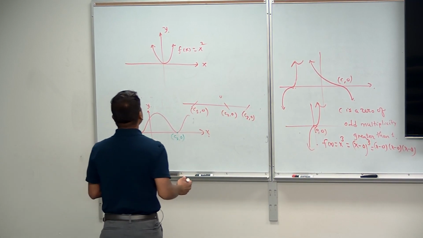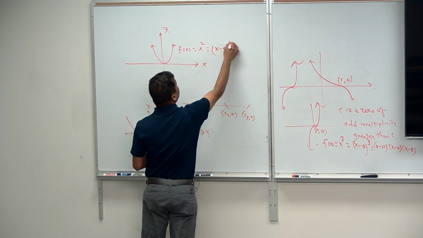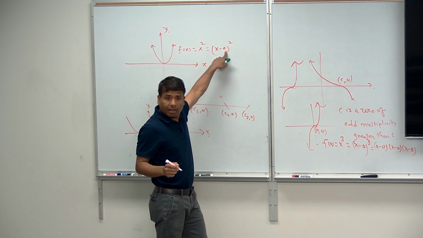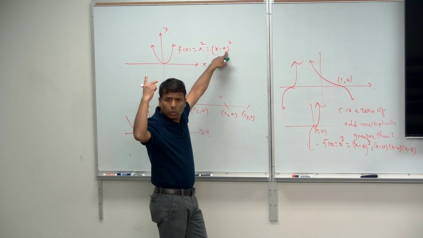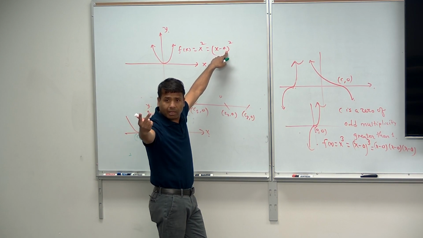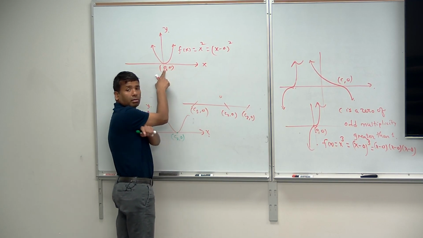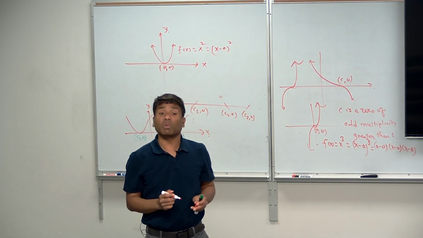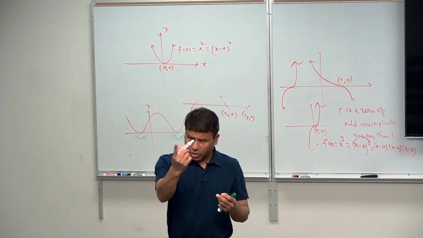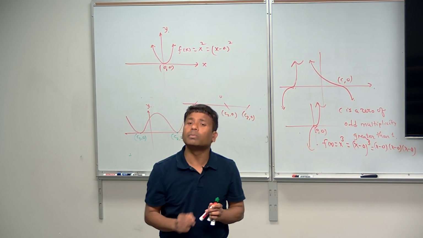So what is the 0 of this function? 0. And how many times does 0 occur? 2 times. So this 0 is a 0 of even multiplicity, which is 2. The multiplicity of 0 is 2. That makes sense?